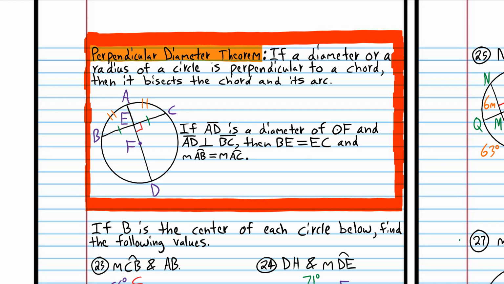We were trying to conclude that. But now we know it's a diameter. It can be either a diameter or a radius. If a diameter or a radius of a circle is perpendicular to a chord, then it bisects the chord and the corresponding arc. So go ahead and take a screenshot of that theorem.